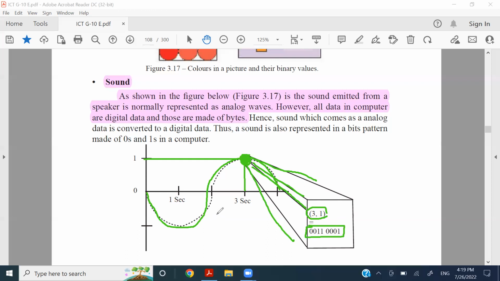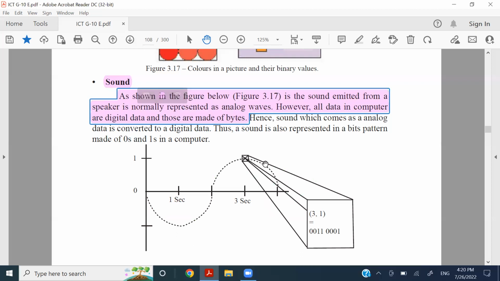Likewise, to convert an analog signal into a digital one, the computer does this for each and every point of the analog wave. Got it, people? Yes, sir. Right, great. So you can write the highlighted part and draw the picture.